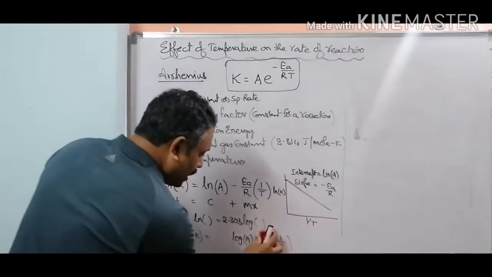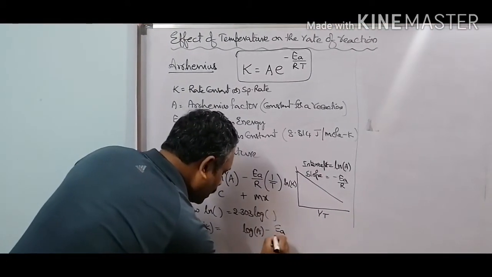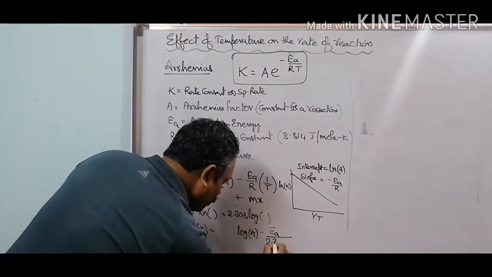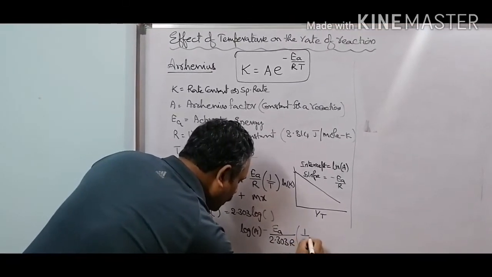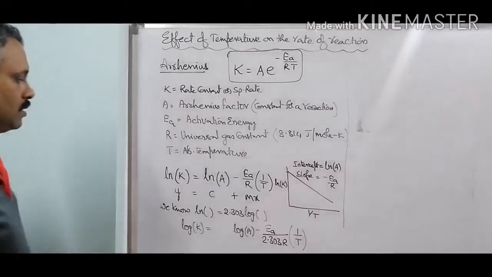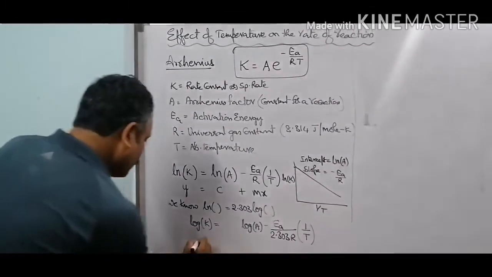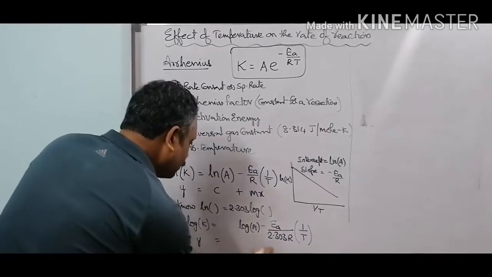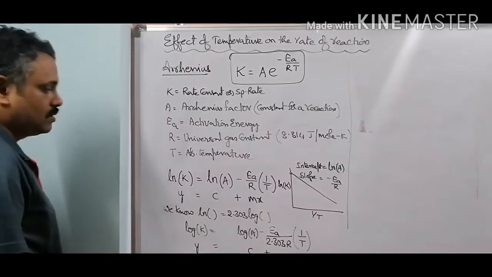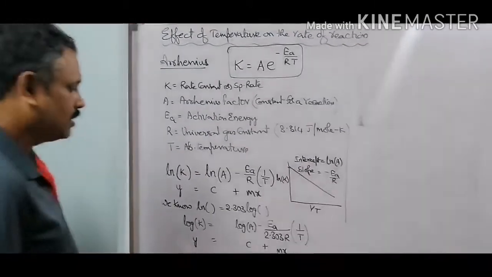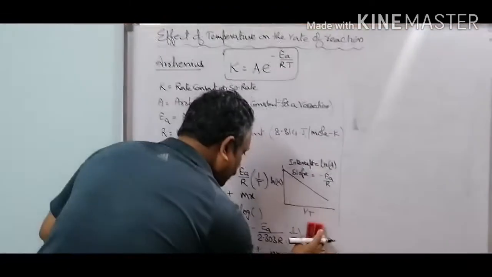And in this case, now you can write it as EA by 2.303 R into 1 by T. So this equation now also is in the form of y is equal to mx plus c format. So let us apply a graphical relation for this equation also.